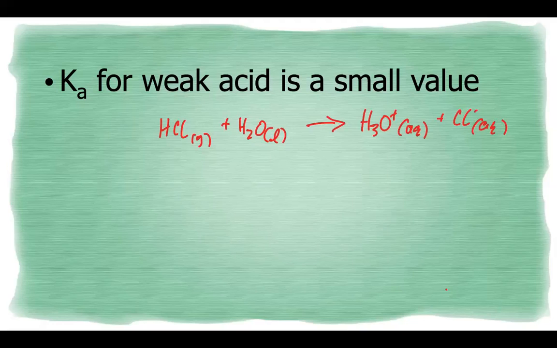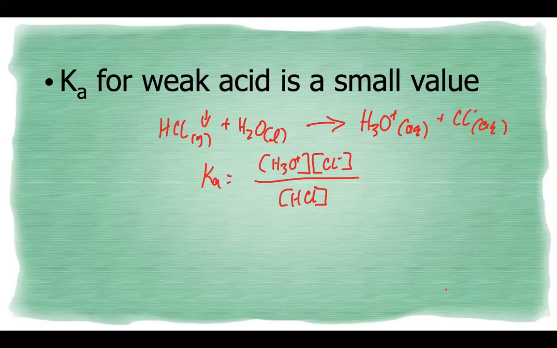So this is an example of a strong acid. And if we were to write Ka for this, we would write hydronium times chloride over HCl, because it's a gas, so it still counts.